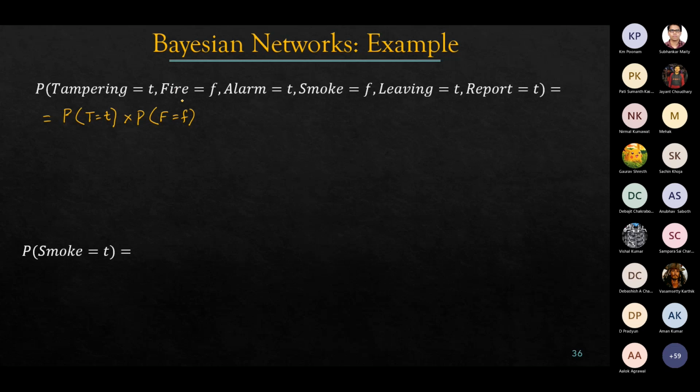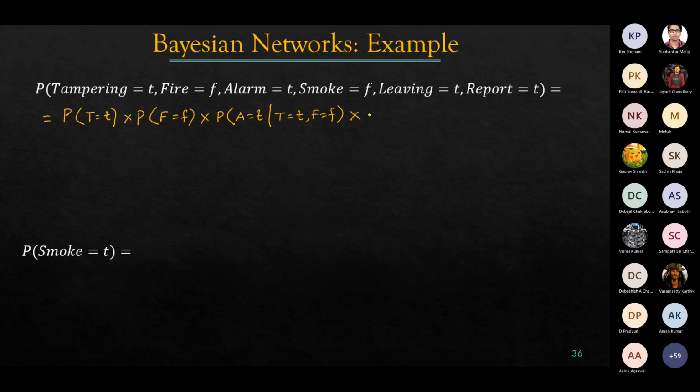Fire does not depend on anyone, so we are just writing probability of fire equal to F. Alarm depends on 2 variables, fire and tampering. So we write this factor as alarm equal to true given tampering equal to T and fire equal to F, right?